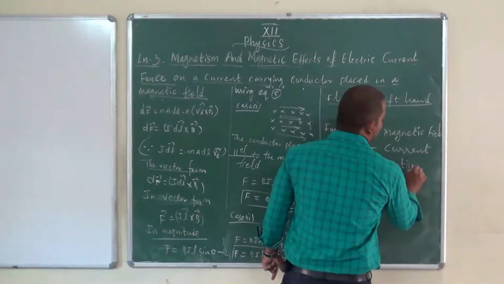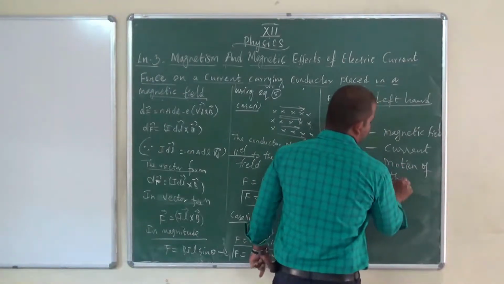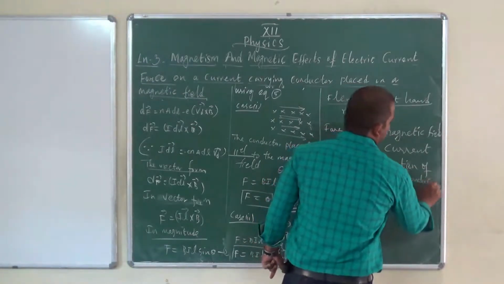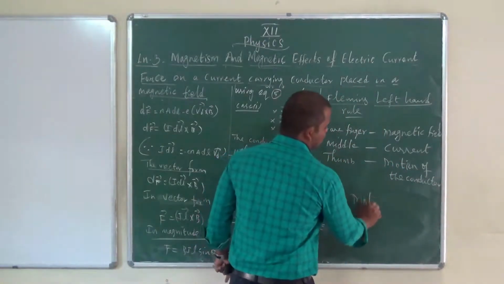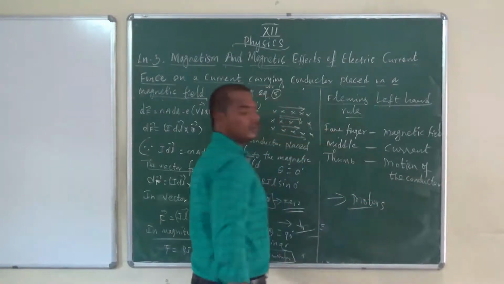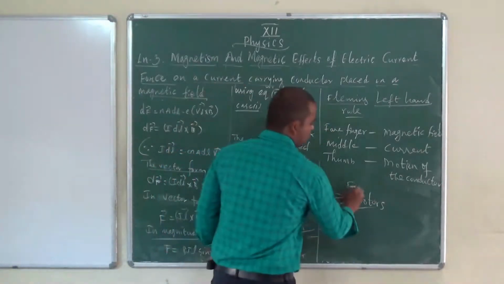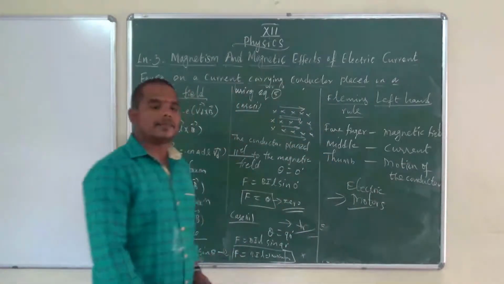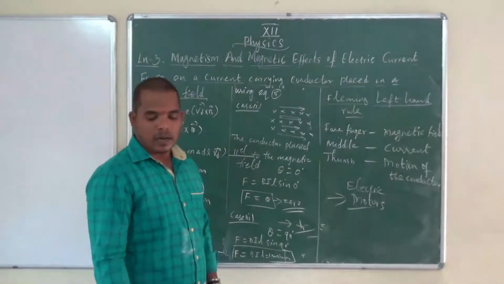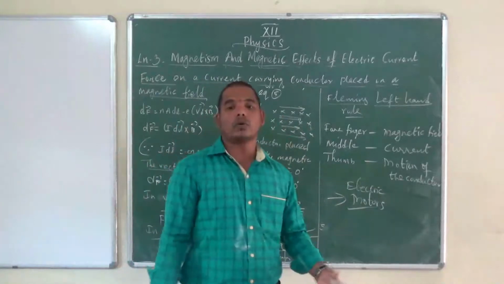Motion of the conductor. And Fleming left hand rule is used in electric motors. Very simple. This is a very important 2 mark question.